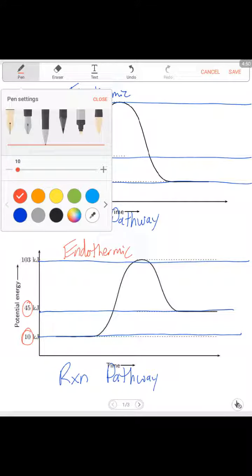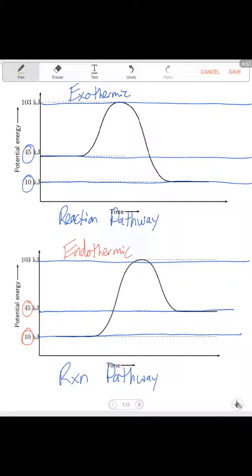And I'm going to change colors here again just to make it a little bit easier to see. Okay, so first thing we're going to look at, if this is the reaction pathway, what do we always start with? Any reaction, what's the pieces that we start with? This is review. You guys should know this. We've been talking about this for a while now. All right, those are your reactants. Okay, your reactants. And then what do you end up with?